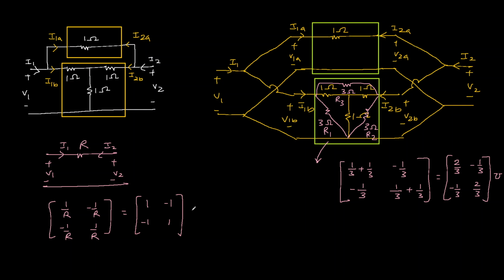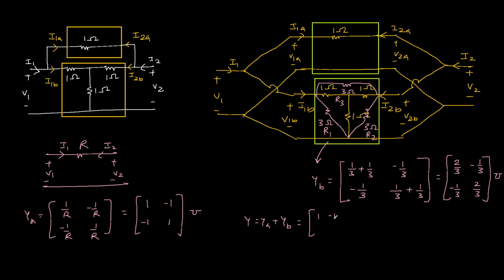All the units are in mho. So this is Y parameter for circuit B and this one is Y parameter for circuit A. So the two port networks are connected in parallel. So overall Y parameter is the sum of Y parameters of circuit A and circuit B.